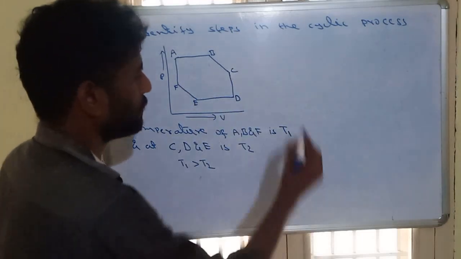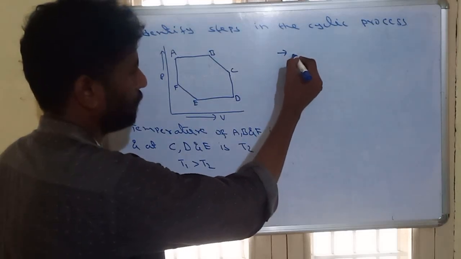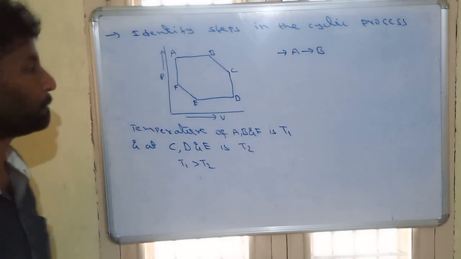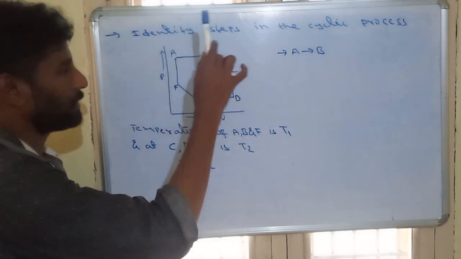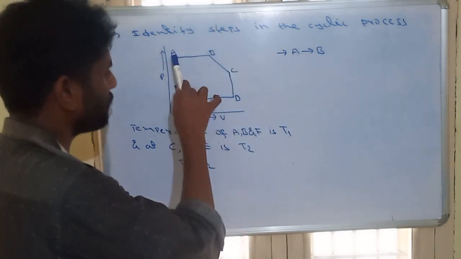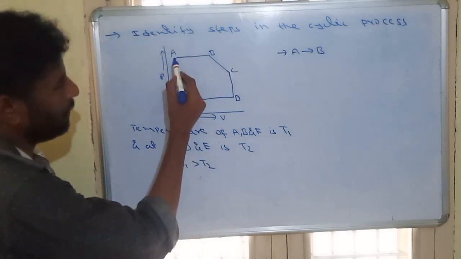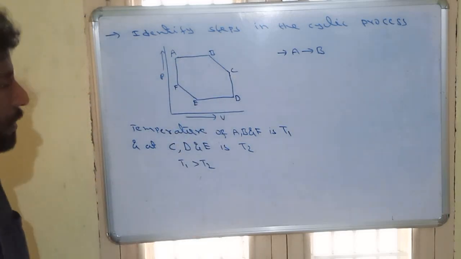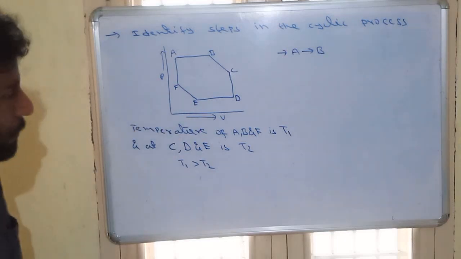How to identify this? First we take the process from A to B. The system is transferred from A to B. Here pressure is constant in this P versus V graph.